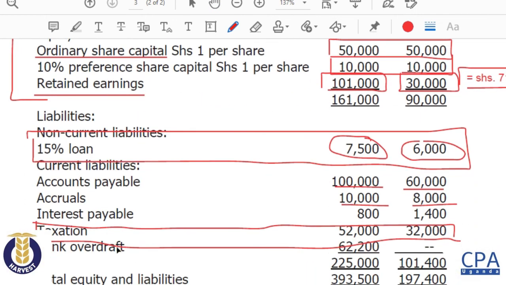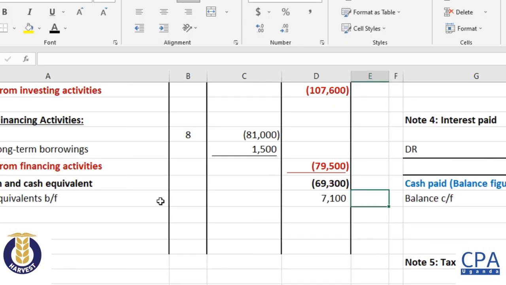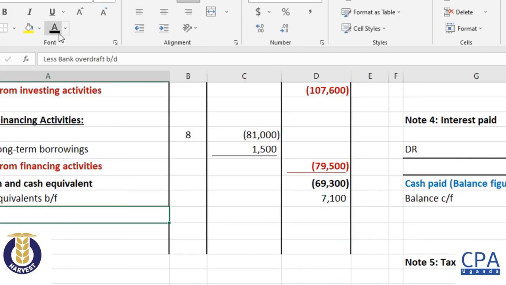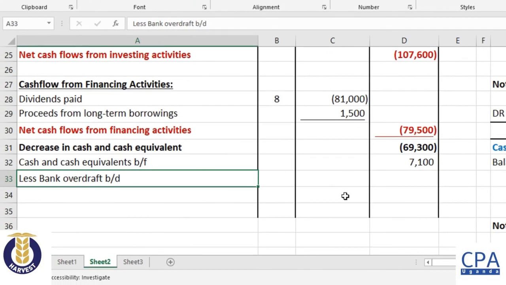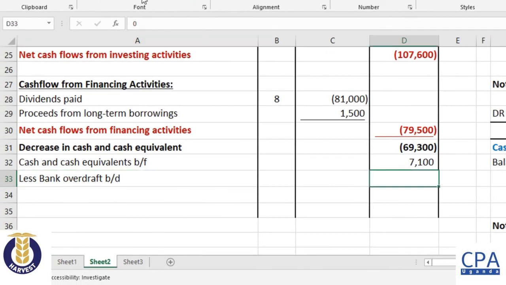Instead, we have a bank overdraft of 62. So our cash flow should balance at 62,200,000. So I know you're excited to see whether we are balancing at that. Now, of course, this is for learning purposes. If you have an overdraft as an opening balance, you also need to include it here.